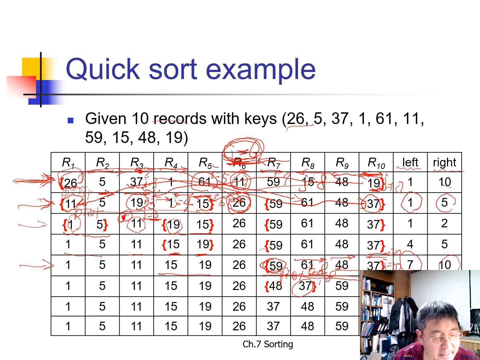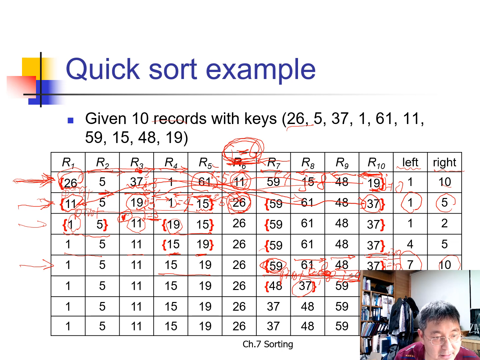No. J was found here. Okay, so J is 9 because 48 is less than 59, so J is found here, 9. So we will exit.